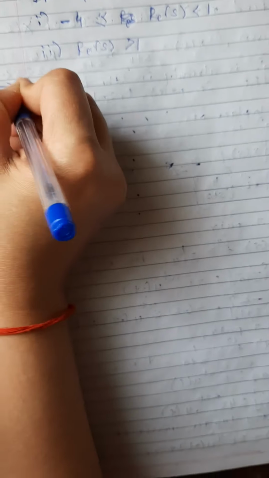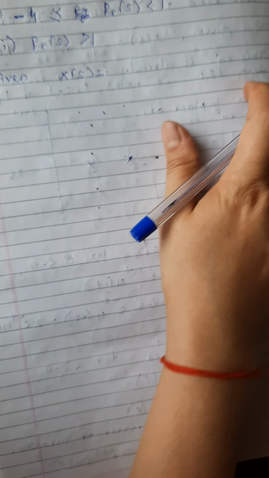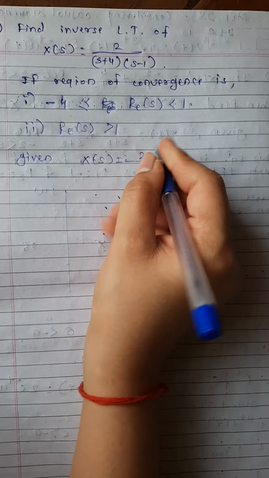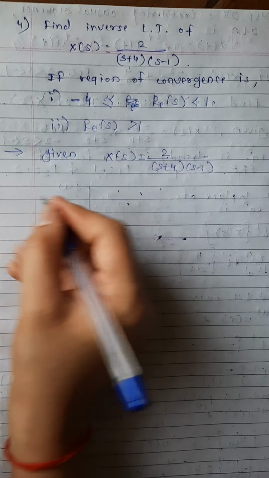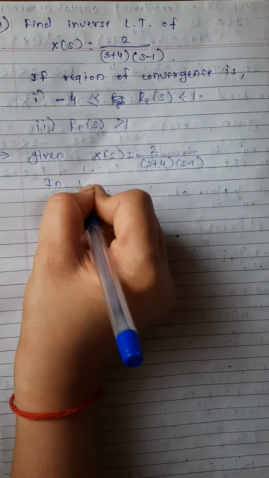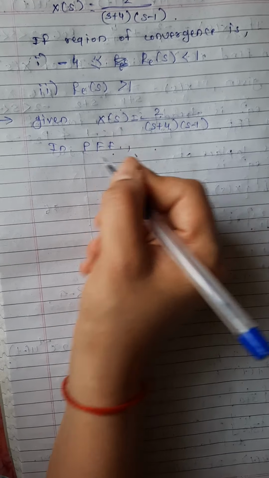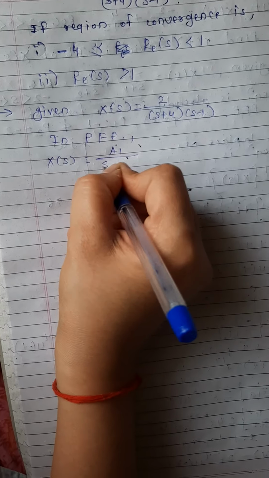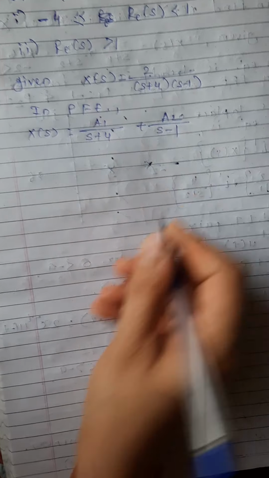So first we write down the given equation. x of s is equal to 2 divided by (s plus 4)(s minus 1). Now in partial fraction expansion form, we can write x of s is equal to a1 by s plus 4 plus a2 by s minus 1.